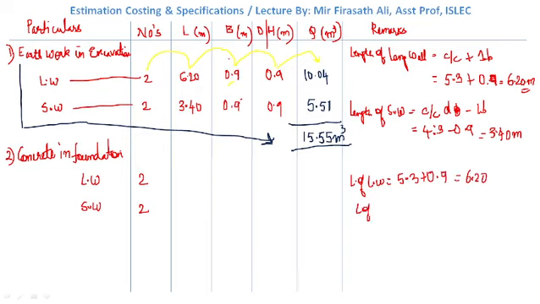Length of short wall, 4.3 minus 0.9 is equal to 3.4 meters. This we need to substitute: 6.20, and the length of short wall is 3.40.